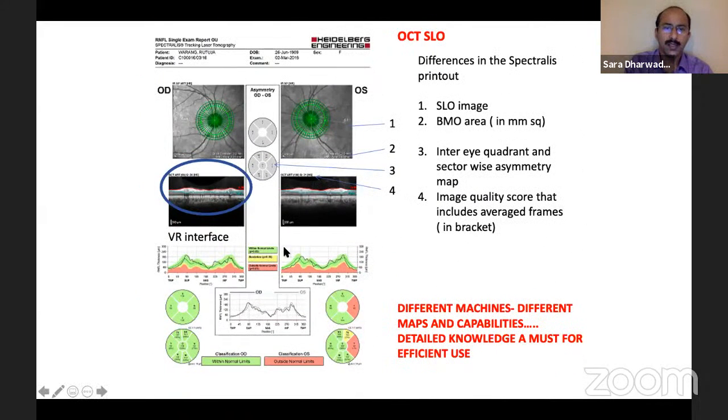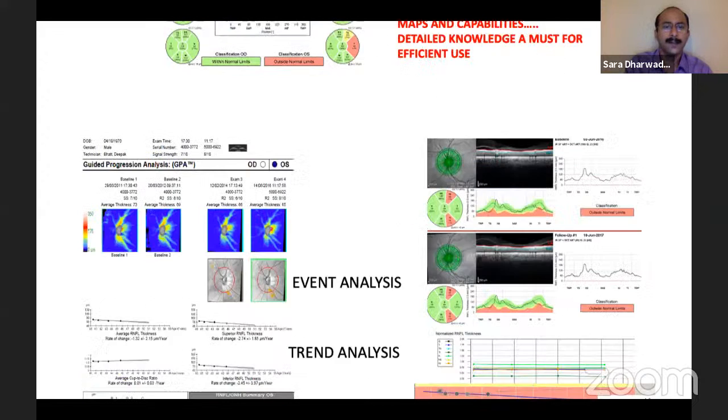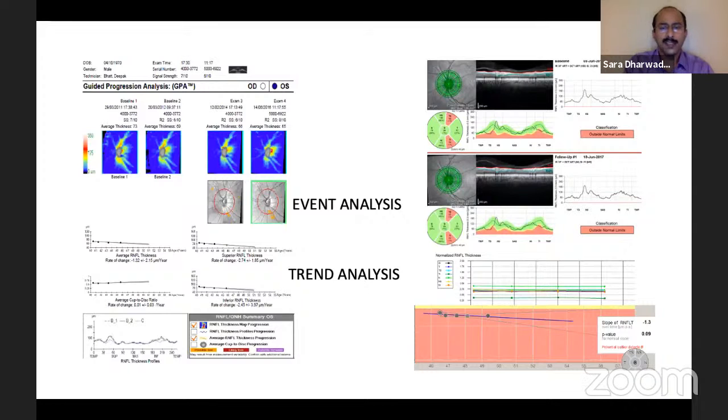Okay, so all this is the most important image, including the quality scores and the averaging parameters. And once all these are verified, then you can put this OCT data into perspective and use it for your management of glaucoma patients. Now, as far as progression is concerned, as I told you, it is a cornerstone of therapy.